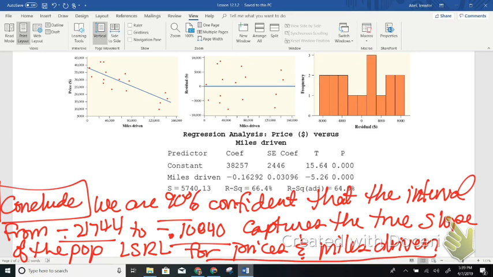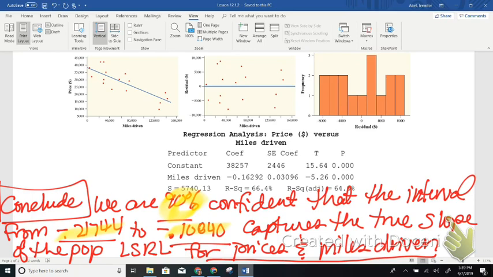This should look familiar from our previous confidence interval interpretations, where we have that same fill-in-the-blank format. So we'll say something like, we're 90% confident, where that is your confidence level, that the interval from negative 0.21744 to negative 0.10840, and those are the endpoints of your confidence interval.